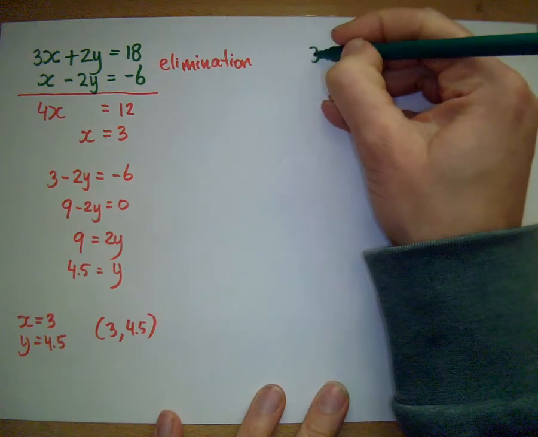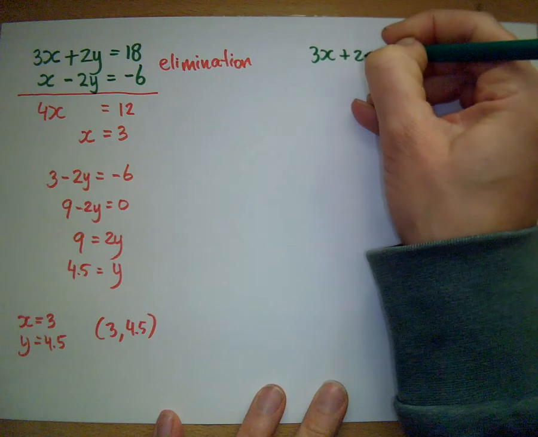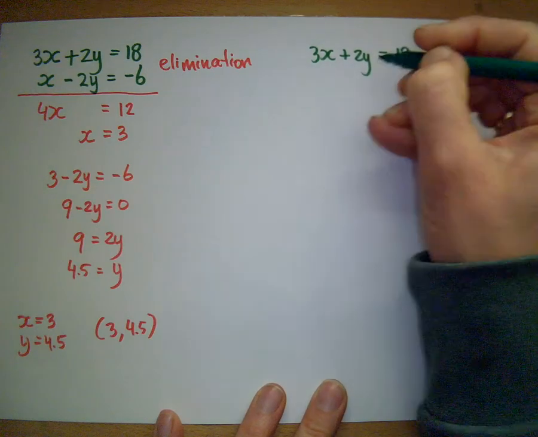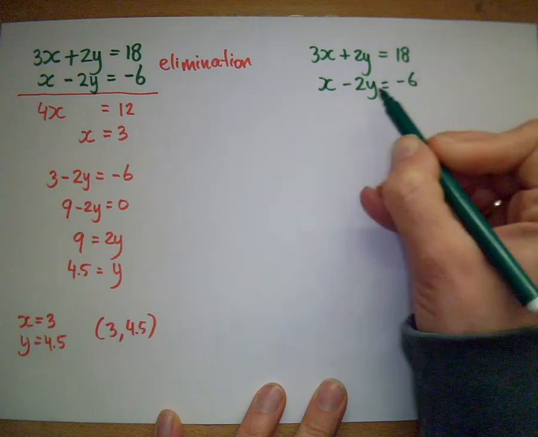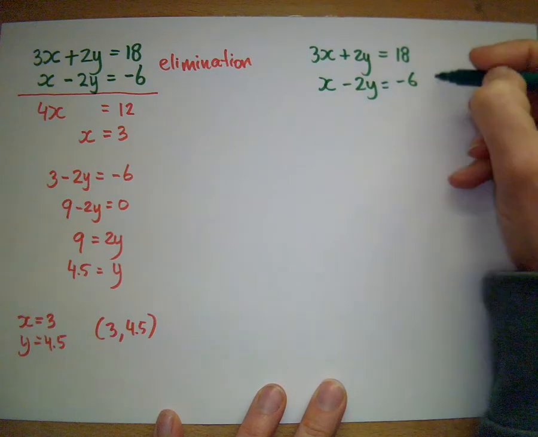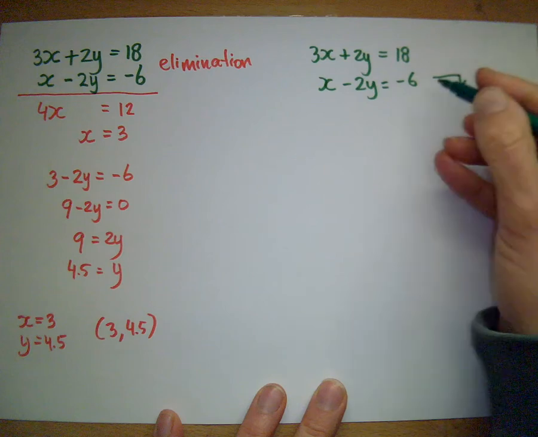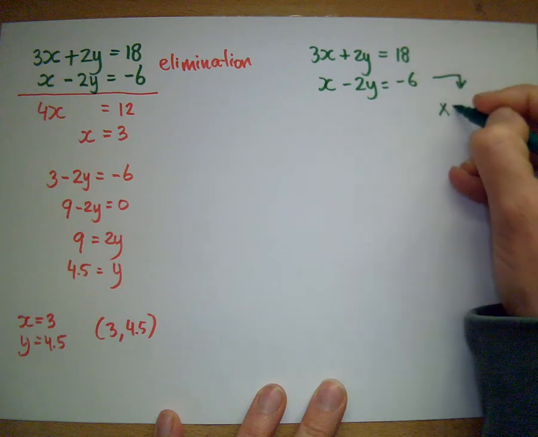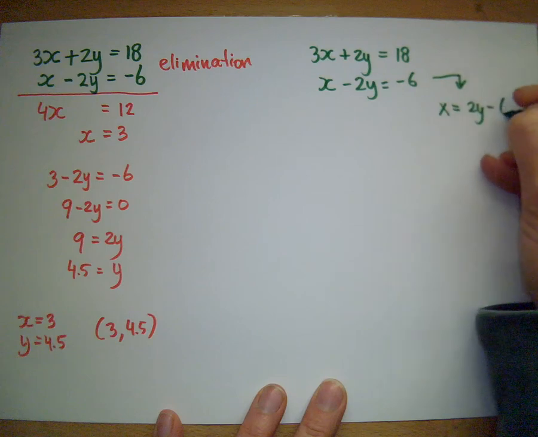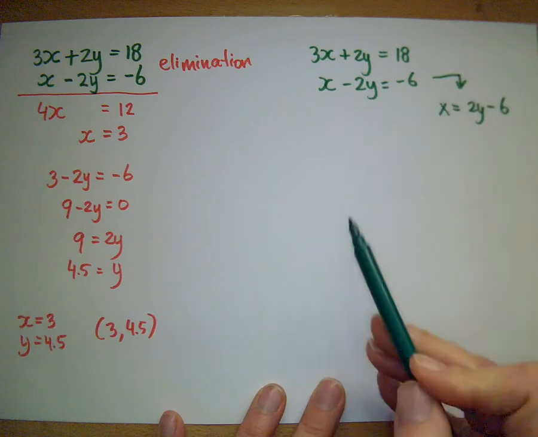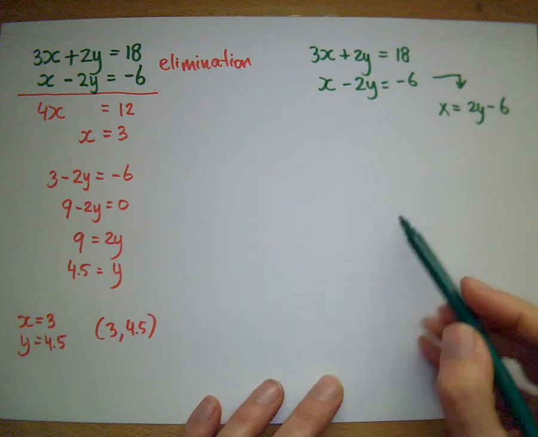Let's rewrite the whole thing. 3x plus 2y equals 18, and x minus 2y equals negative 6. So let's take this bottom one and make x the subject. X equals 2y minus 6, right? I added 2y to both sides.